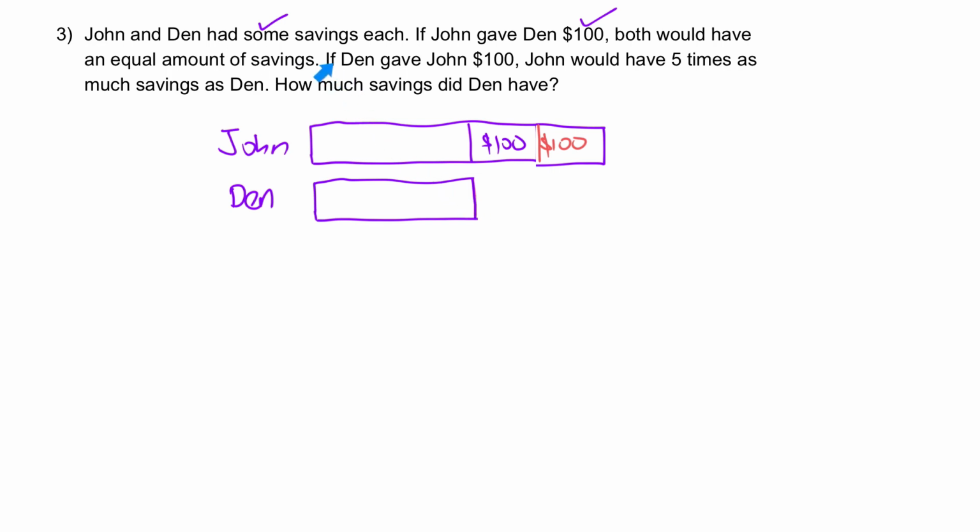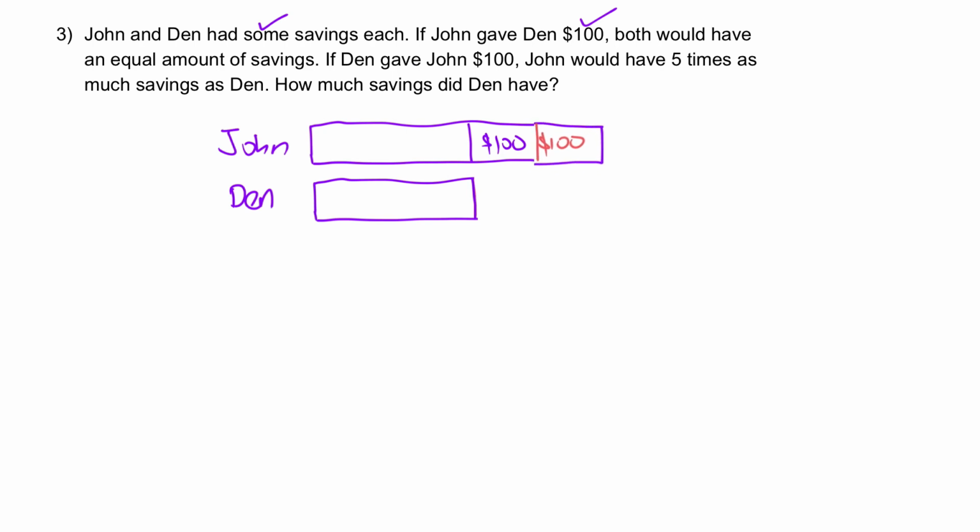In another scenario, Dan is going to give John $100 instead. John would have 5 times as much savings as Dan. Right now, let me do this. $100 somewhere here.